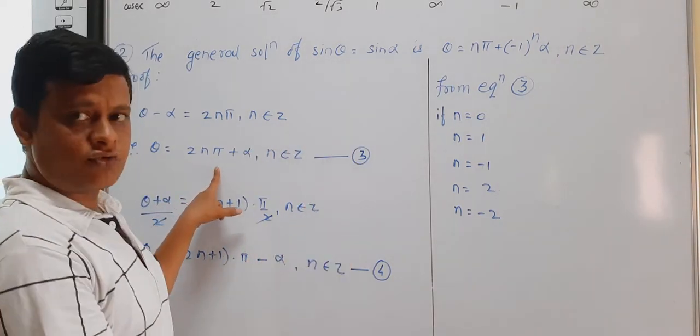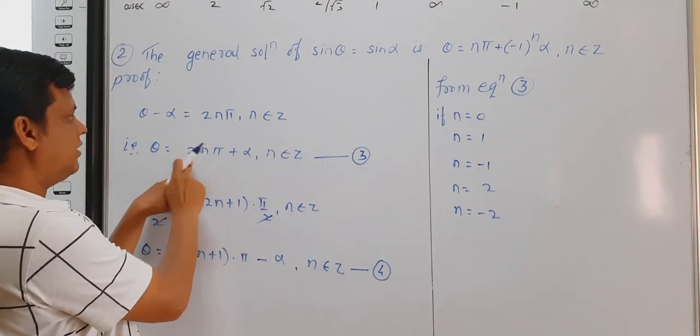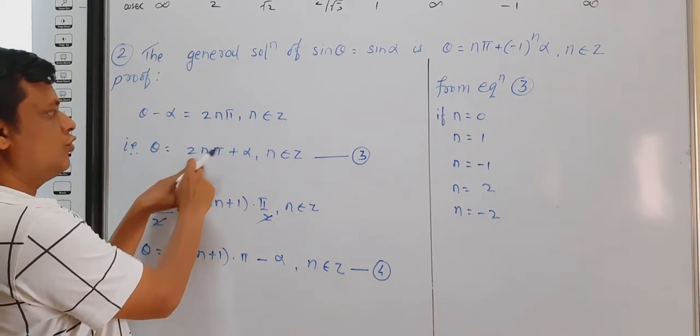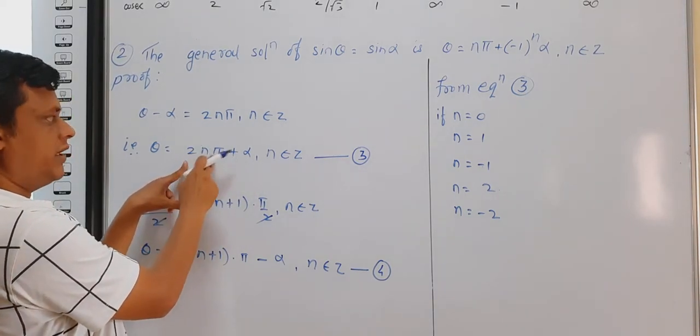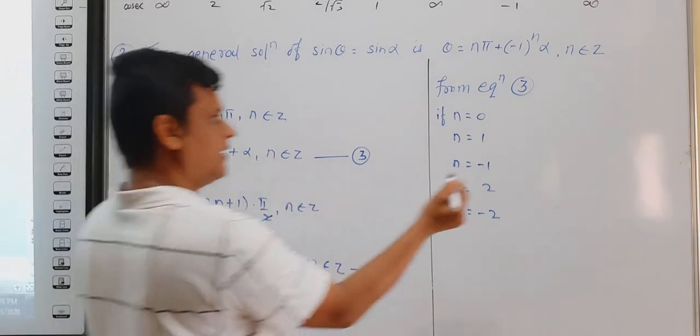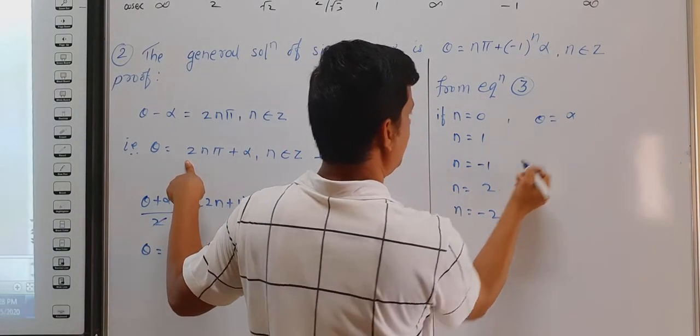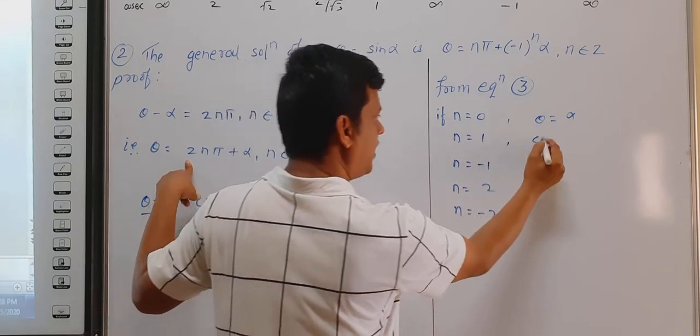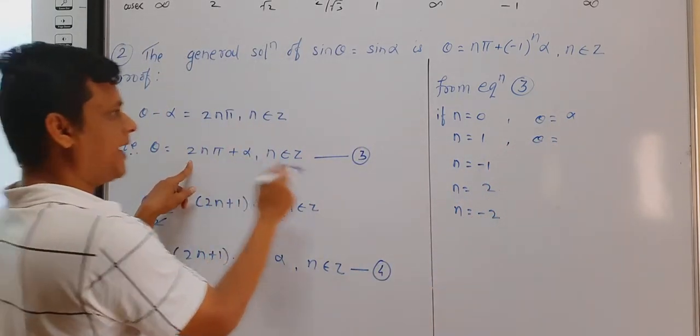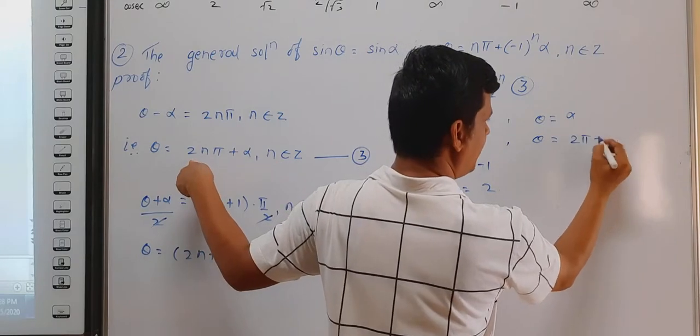When n equals 1, we get theta equals 2 into 1 into pi, that is 2 pi plus alpha. That means when n equals 0, we get theta equals alpha. When n equals 1, we get theta equals 2 pi plus alpha.